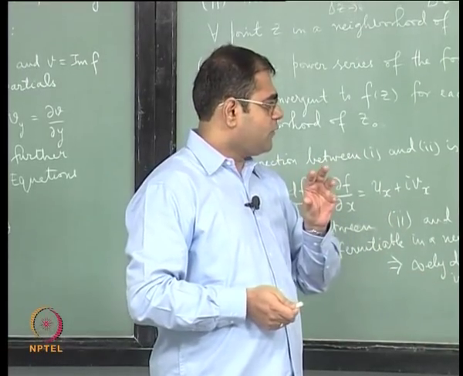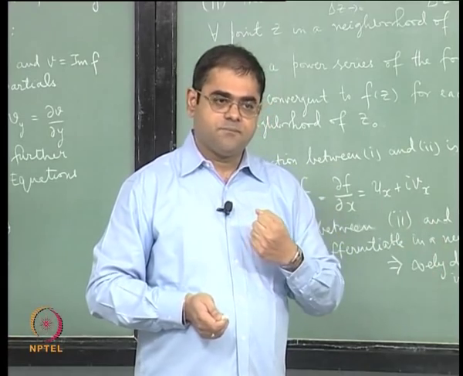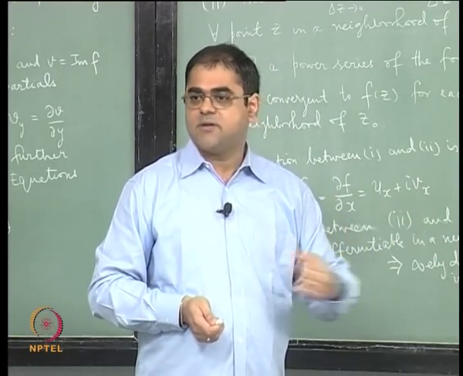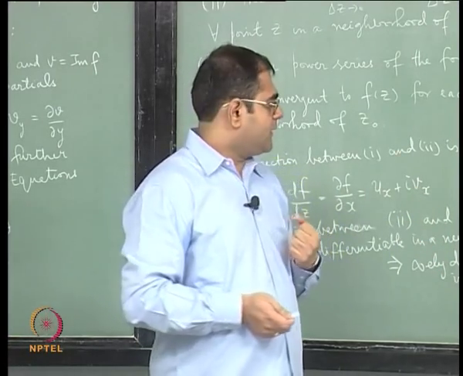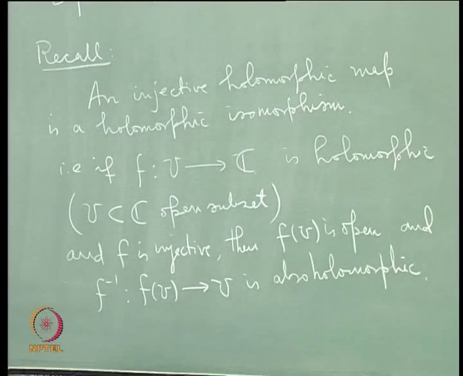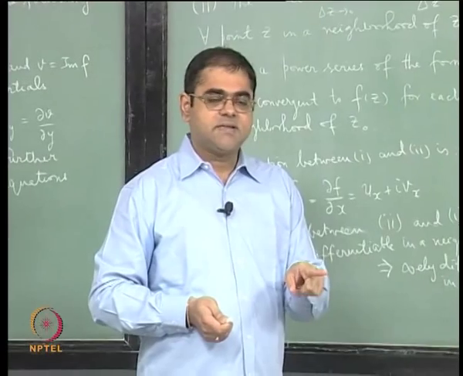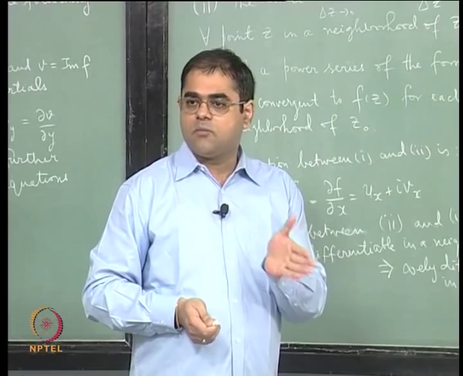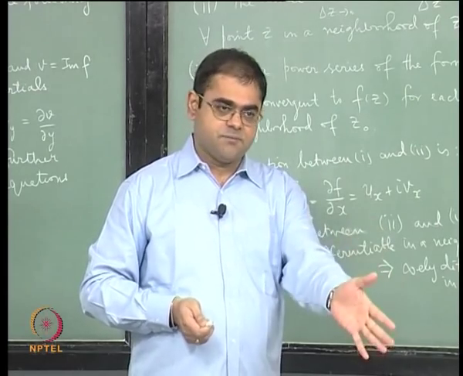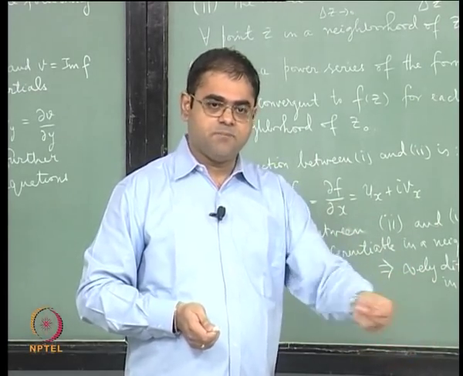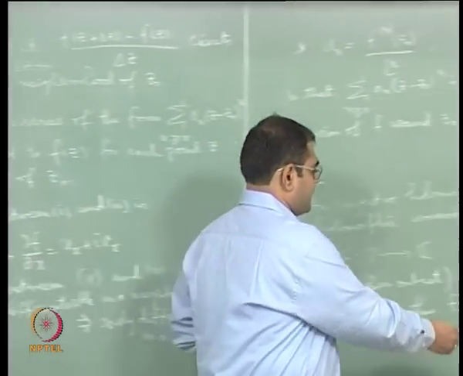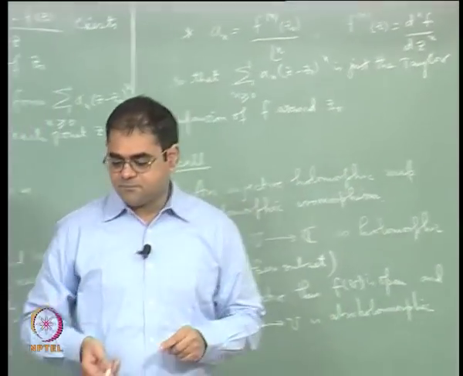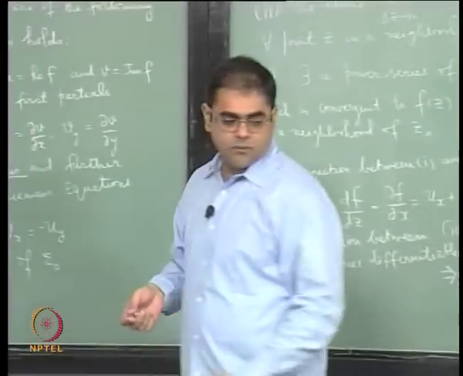And you also have the condition that the inverse map is not only continuous, it is actually holomorphic. So what this tells you is that whenever you have an injective holomorphic map, that is actually giving you a holomorphic isomorphism of the source with the image, okay. So this is another thing that we would use.